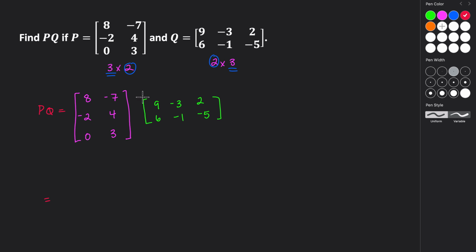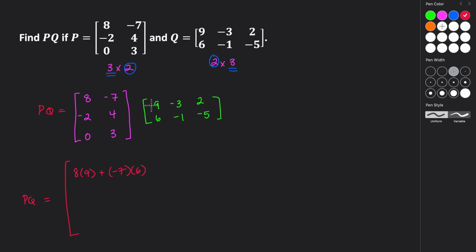So the first entry, so in row 1, column 1 in PQ, I'm going to have 8 times 9. So this row times this first column. So we have 8 times 9 plus -7 times 6.